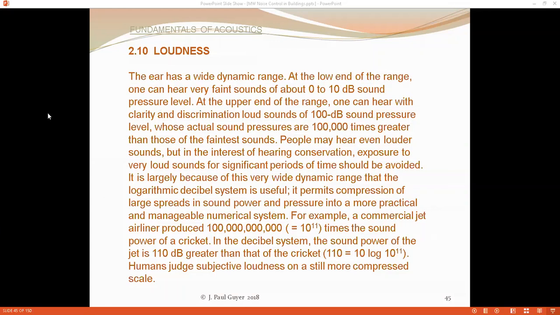Okay, let's resume here. You're in the source room and you are measuring with your sound level meter the loudness of the sound that is being produced.